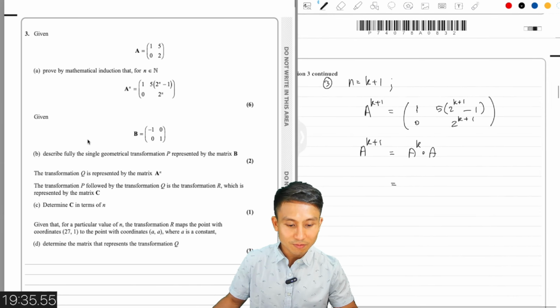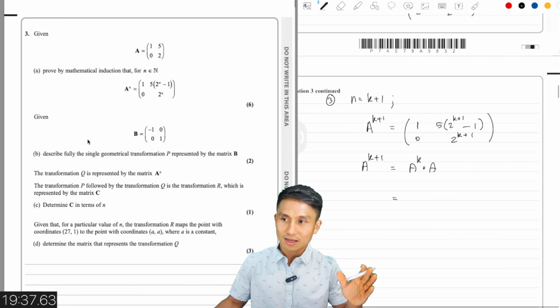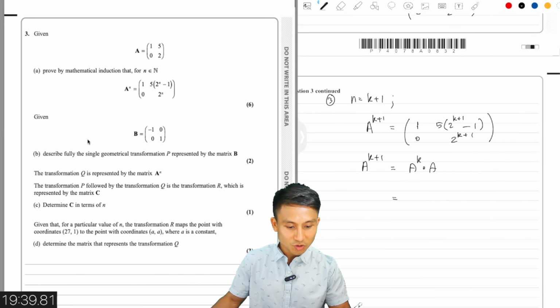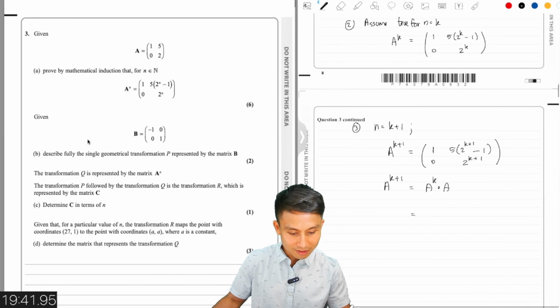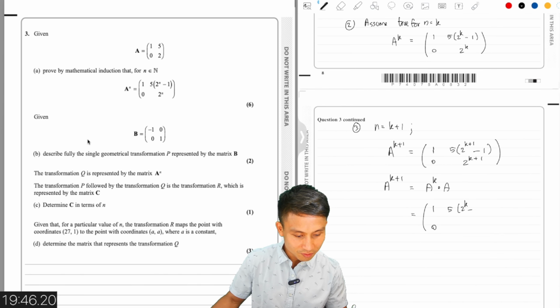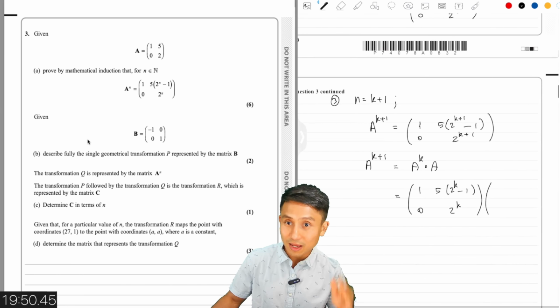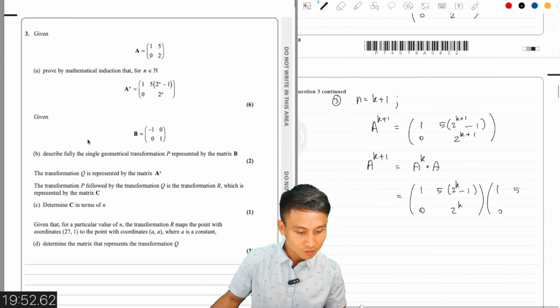So you are basically multiplying A to the k by the matrix A. We use the assume step, the result from step 2, and multiply that with the matrix A, which was given to be 1, 5, 0, 2.